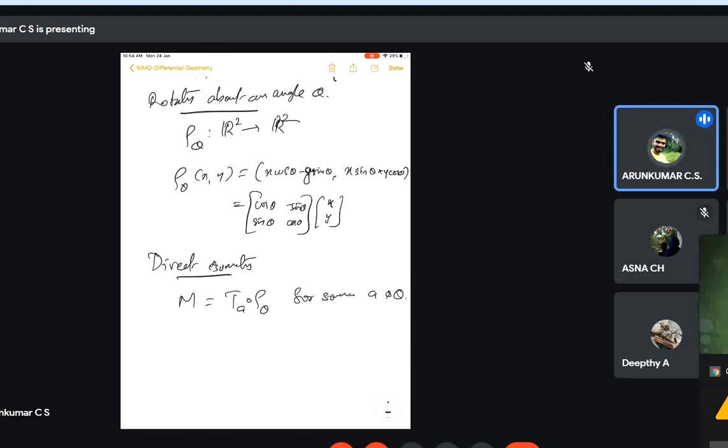Now, here is this interesting theorem, a characterization theorem.